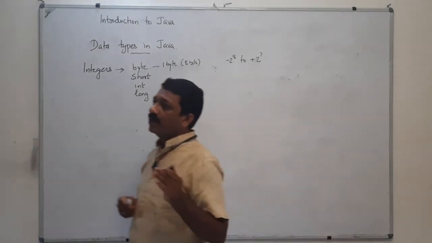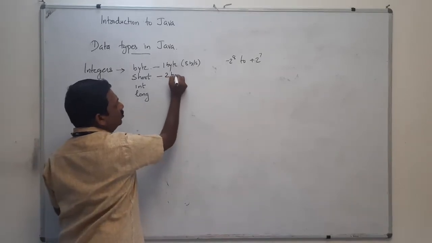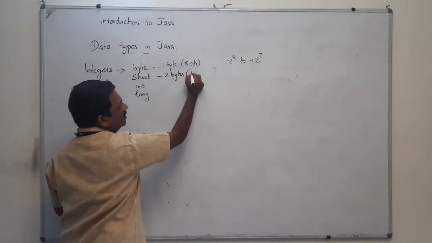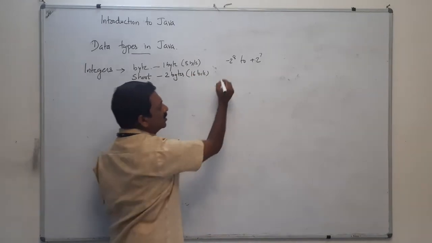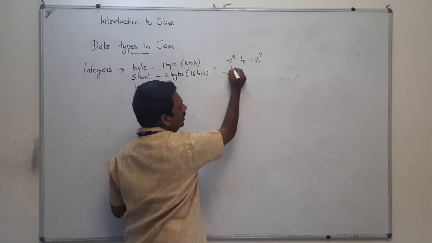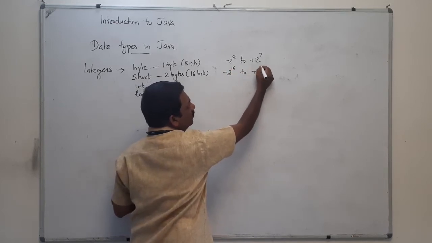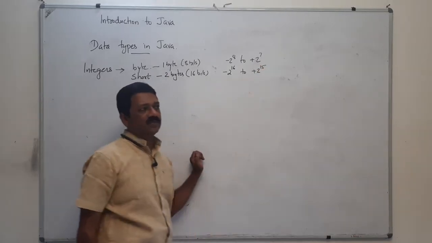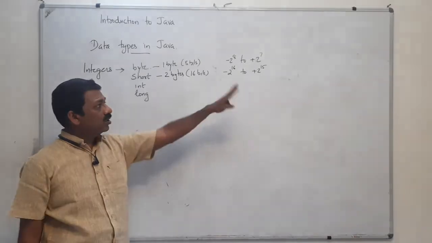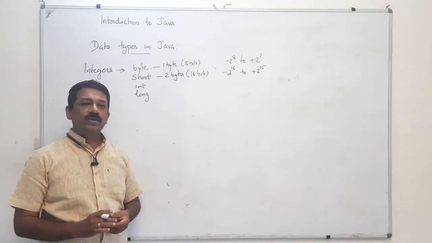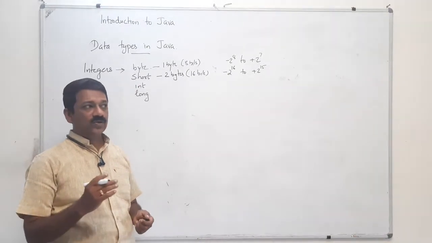But if you are using short, 2 bytes are reserved. That means 16 bits, so minus 2 raised to 15 to plus 2 raised to 15 minus 1. That means minus 32,000 something to plus 32,000 something.